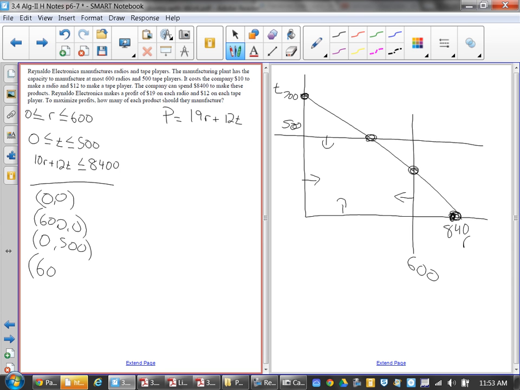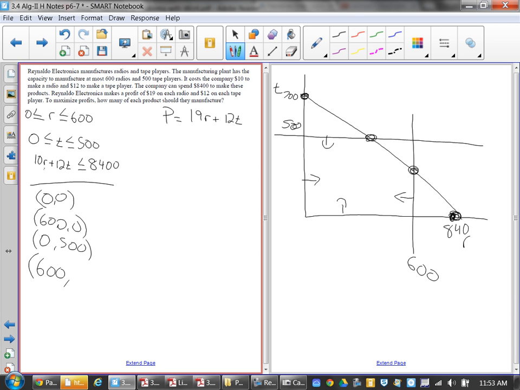If 600 is my R value, what's 10 times 600? Don't use your calculator, do it from your head. 6,000. What's 8,400 minus 6,000? 2,400. 2,400 divided by 12. 200.